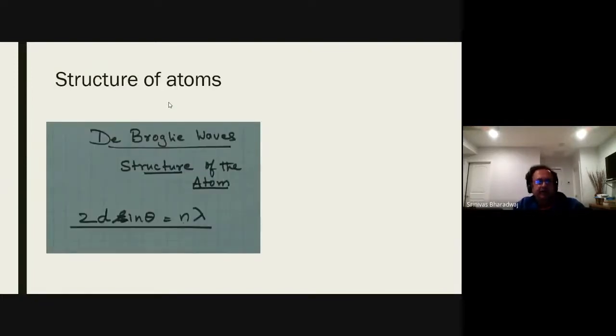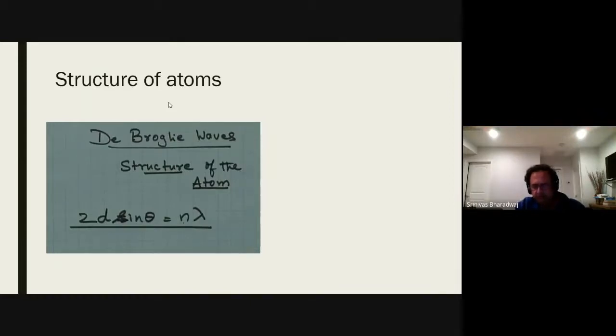De Broglie came up with what is called wave particle duality. It is there in chapter 42 of your textbook of H.C. Verma.